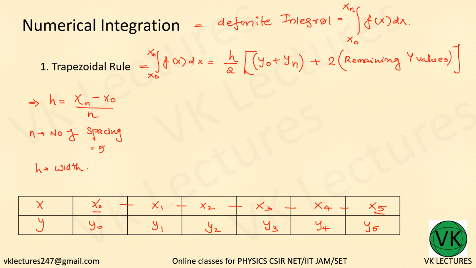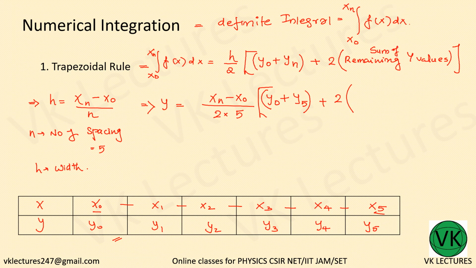Now considering this as an example, we will write down the equation, assuming that y is what we need, that is the definite integral value. y is equal to h, that is xn minus x0, divided by 2 into n, where n is 5, that is the number of spacing, times y0, the first value, and y5, the last value, plus 2 times the sum of the remaining terms.